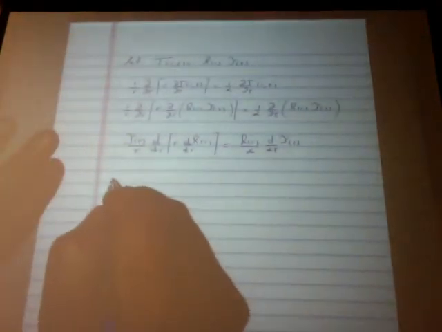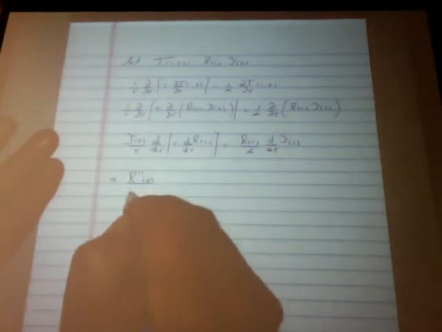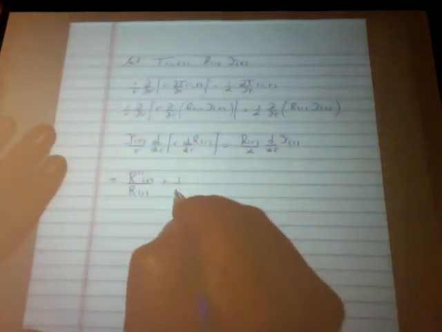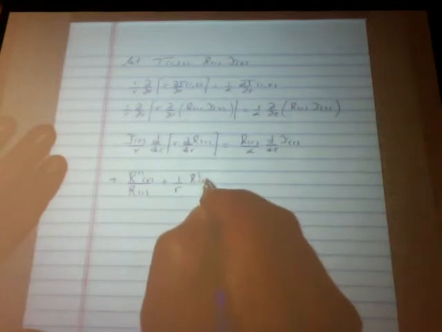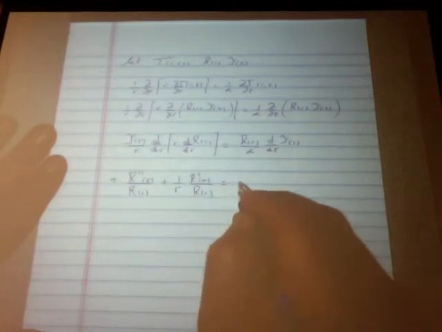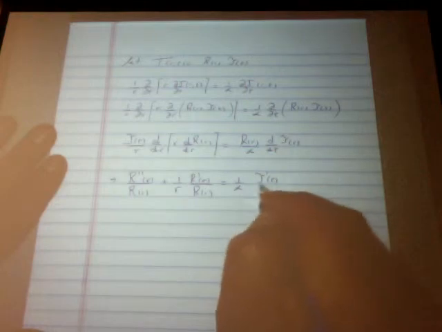So this will result in R double prime of r divided by R of r, we divide everything by R and tau, plus 1 over r R prime of r over R of r is equal to 1 over alpha tau prime of t over tau of t.